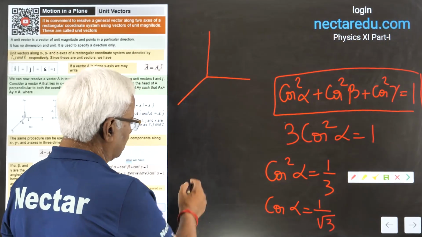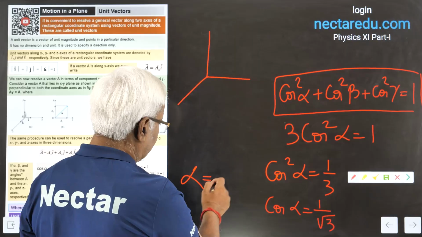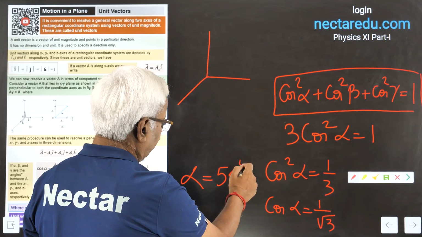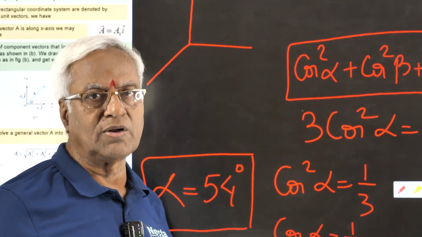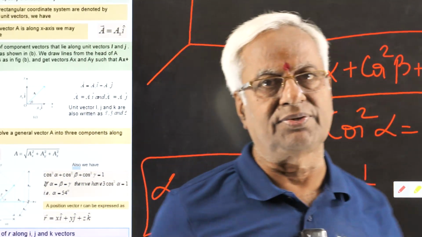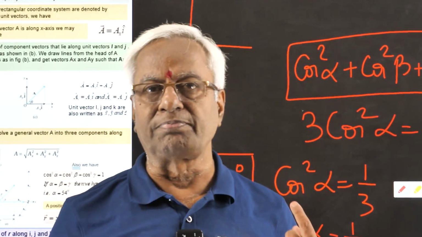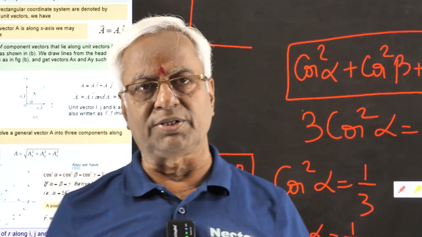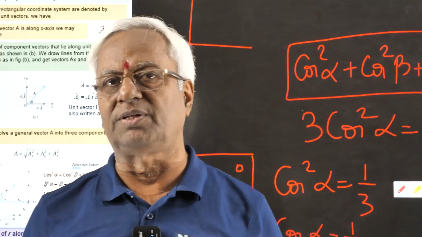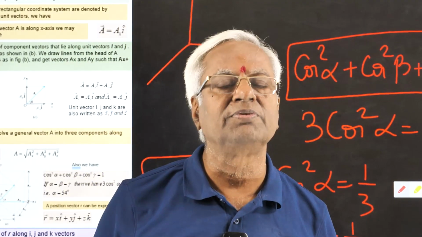You must remember this value is obtained at an angle of about 54 degrees. So when the vector makes equal angle with all three axes, this angle is going to be equal to 54. And when the given vector makes equal angle with two axes only, then this angle is equal to 45. You should remember.